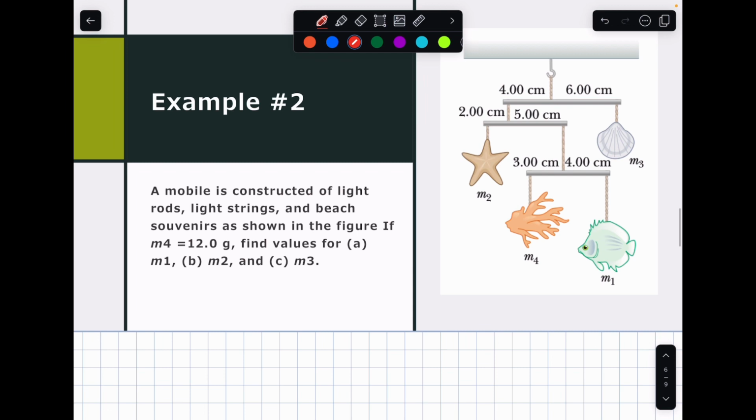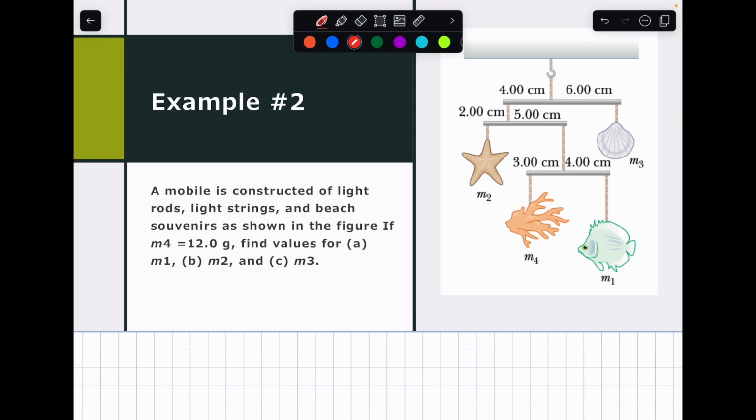For example number 2, we have a mobile that is constructed of light rods, light strings, and bits of souvenirs as shown in the figure. If mass 4, the coral, is 12 grams, find the values for M1, M2, and M3.